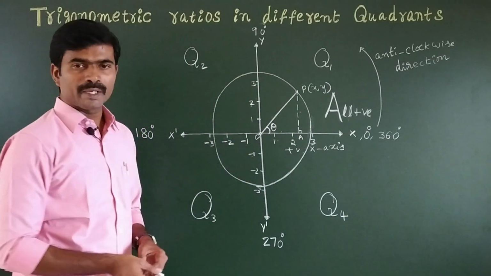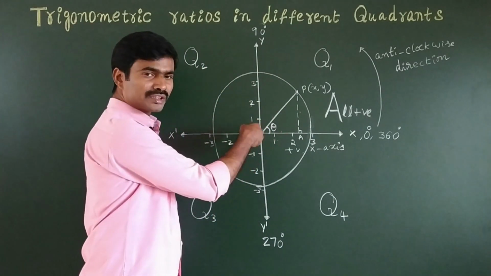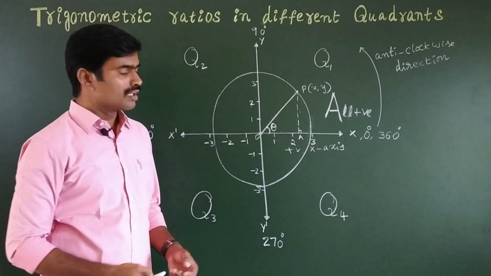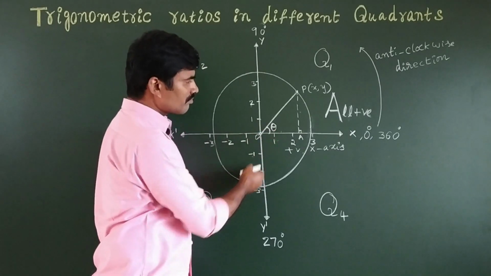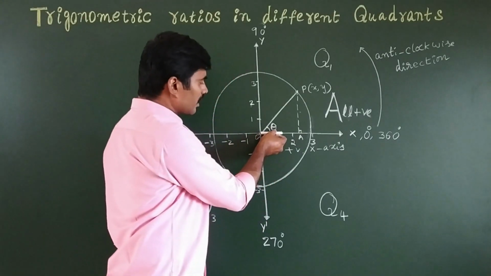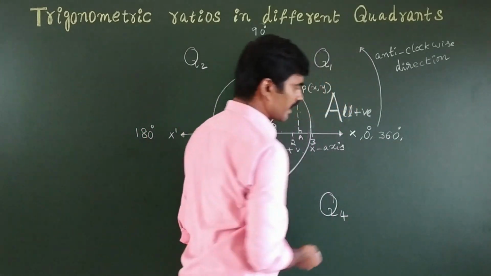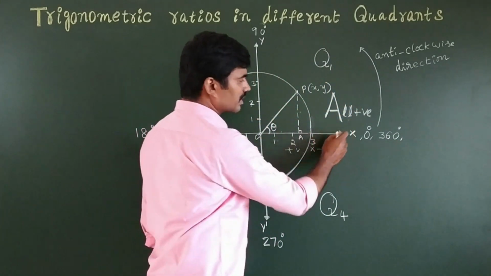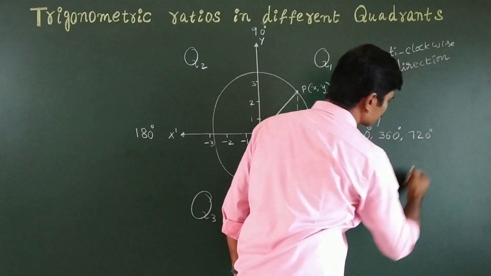In trigonometry, the terminal ray can make one rotation, two rotations, three rotations and so on, continuing the process. If the terminal ray makes two rotations, the angle between the terminal ray and the initial ray is 720 degrees.